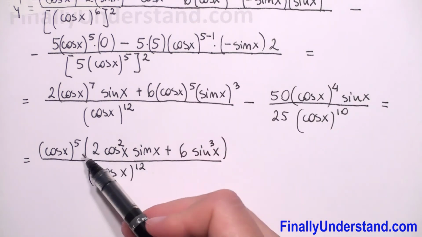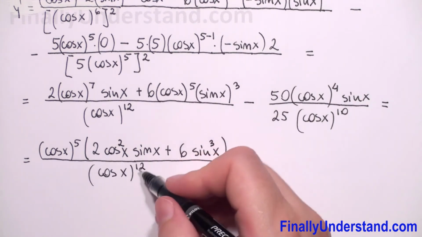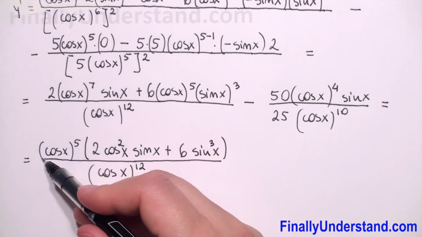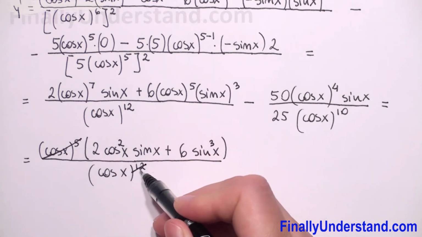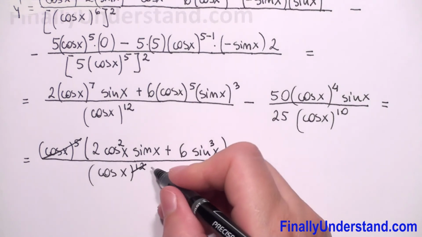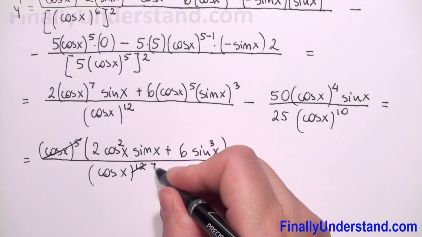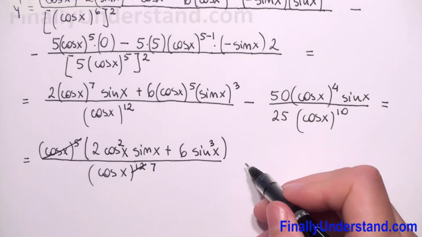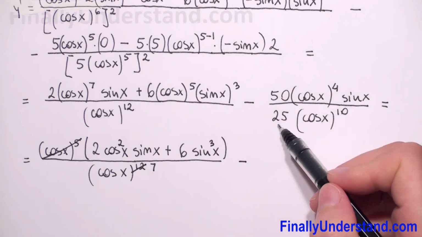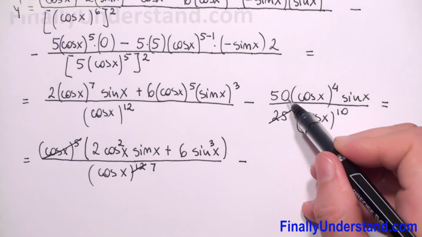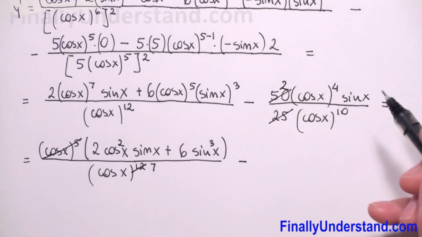We can reduce because we have multiplication here. Cosine of x to the fifth power, 12 minus 5 is 7. And next we have minus 50 with 25 we can reduce, will be 2.